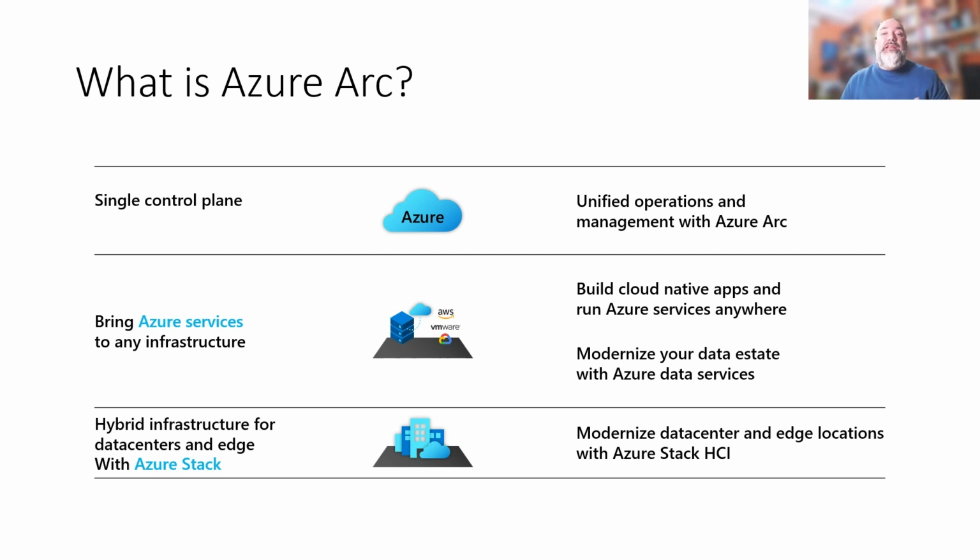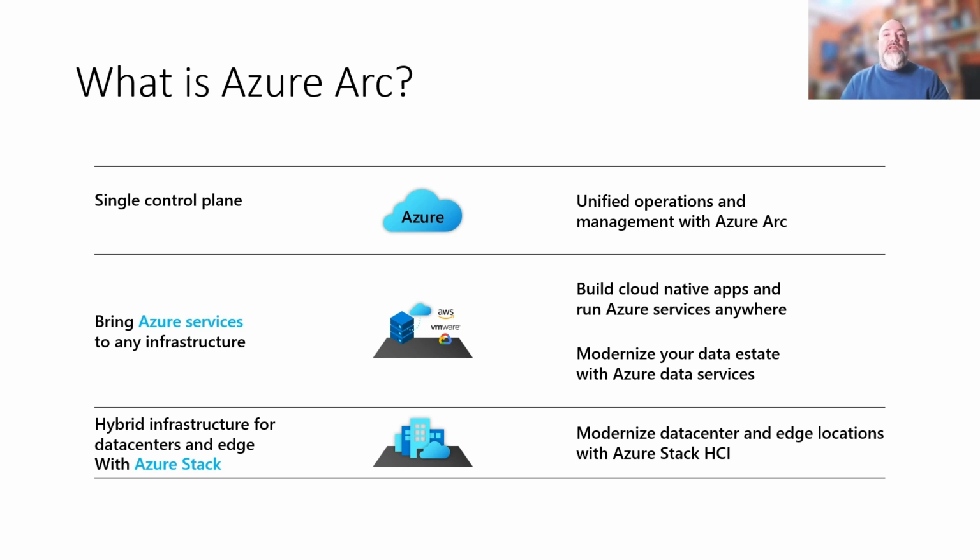Before seeing it in action, let's have a brief overview of this service. Well, Arc allows us to have a single pane of glass approach by leveraging well-known Azure capabilities and services to govern systems that can also reside outside Azure.